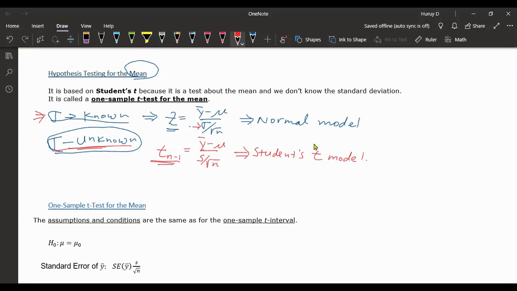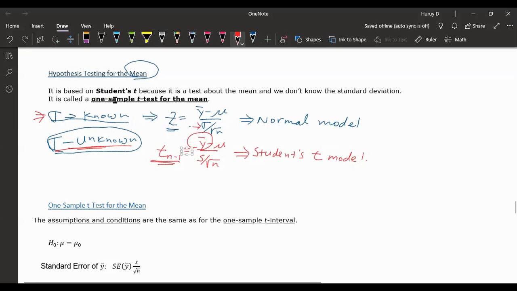Therefore, for this class, if we have a problem about proportion, we use Z. If we have a problem about mean, we use the T model, assuming sigma is unknown. Therefore, when sigma is unknown, the distribution is a student's T model.